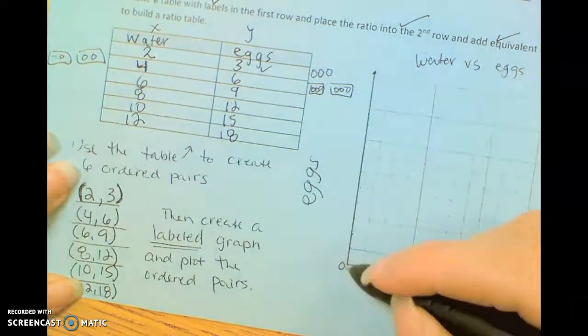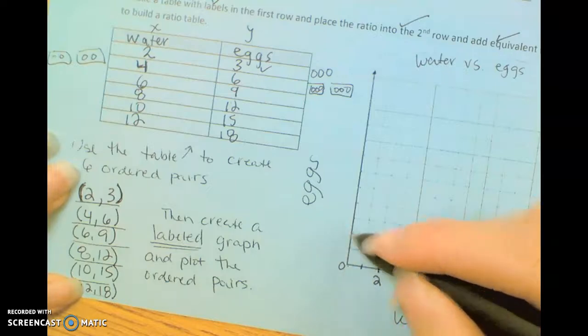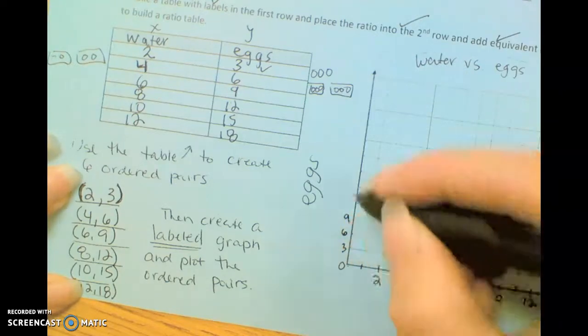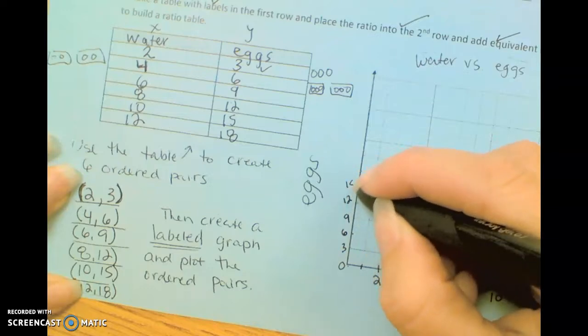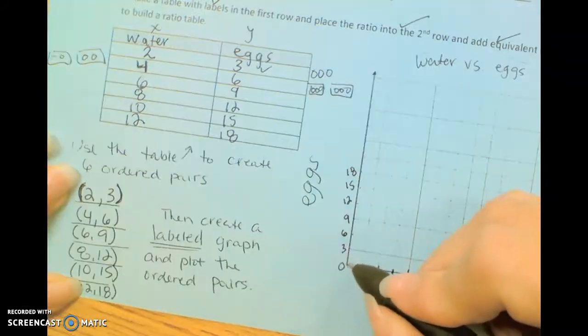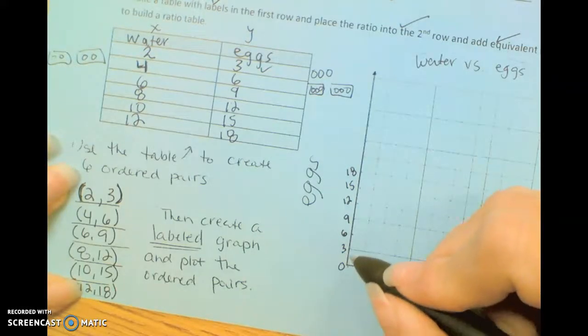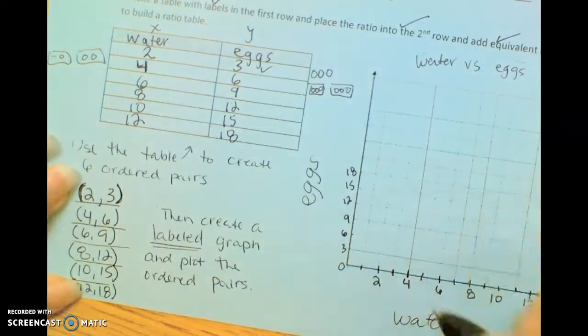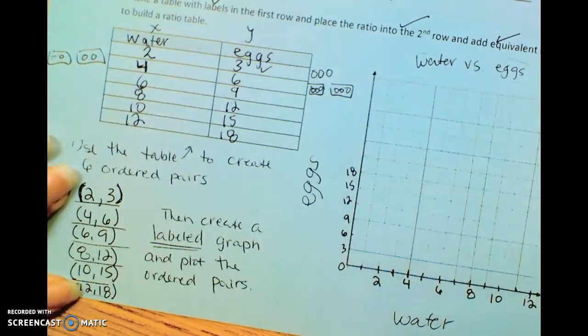I think that I will make each line simply be worth 3. So I have 3, 6, 9, 12, 15, 18. So that's an option. I could have also maybe done by 2s, but then I would have had halfway between where I needed to plot some. So I think this is a better option.